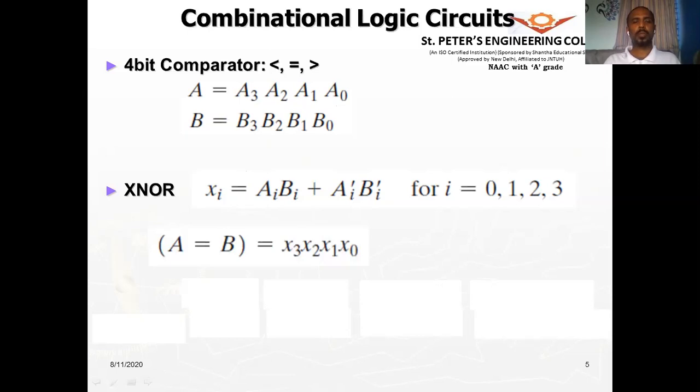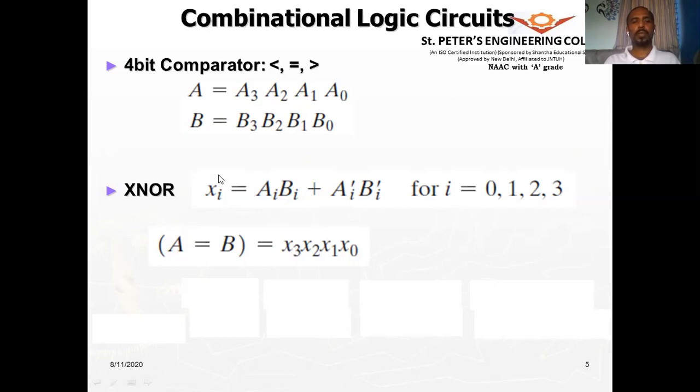Next, when do we say A is equal to B? First, we check for A3, B3. That means the most significant bit is bit 3. If both the bits are the same, both zeros or both ones, we represent that as X3.